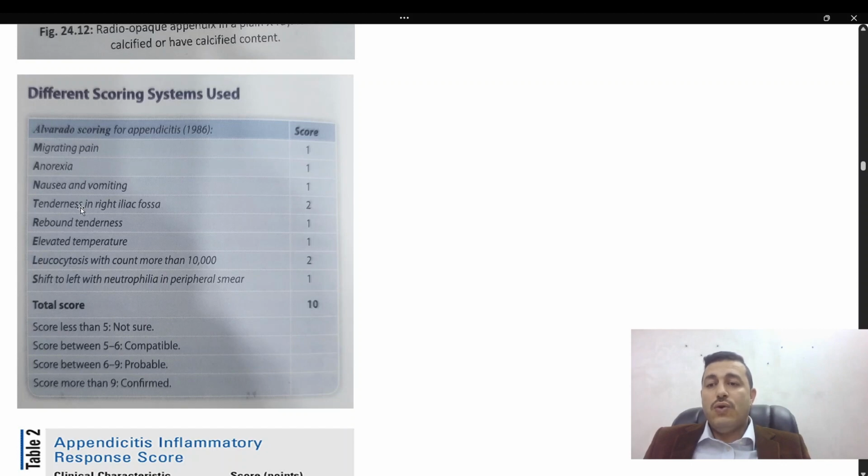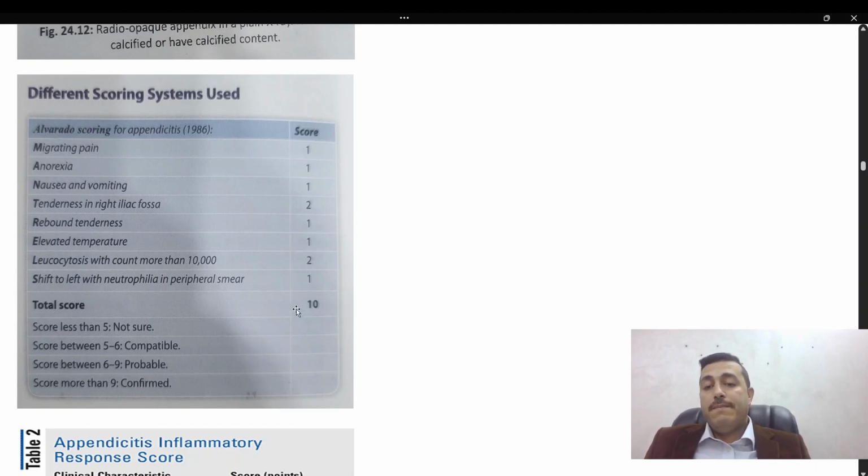You can see that tenderness in the right iliac fossa takes 2, and leukocytosis more than 10,000 takes 2. Other parameters are migratory pain, anorexia, nausea and vomiting, rebound tenderness, elevated temperature, and shift of neutrophils.